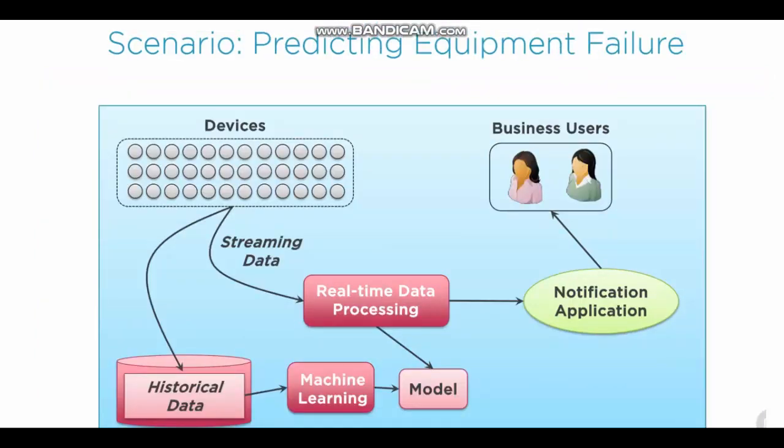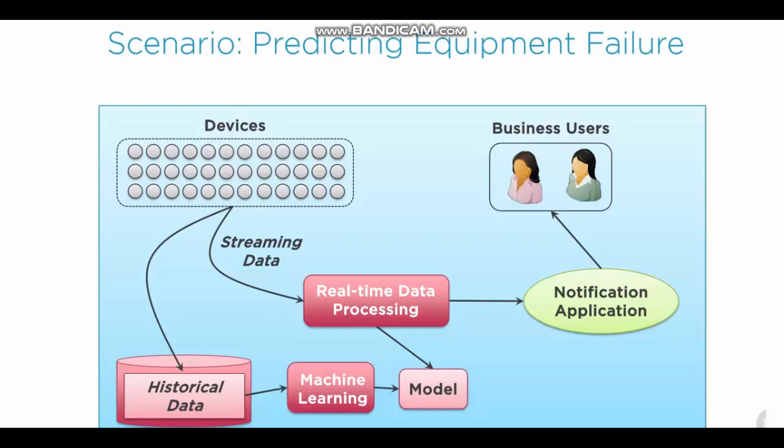The other is predicting equipment failure, or else I can say proactive maintenance. Just assume that you own a company, and there are a lot of appliances running in your company, and there is real-time data processing software which is taking all the streaming data and giving a notification to the business user saying that this appliance is at risk, this is the time for maintenance, please do it as soon as possible.